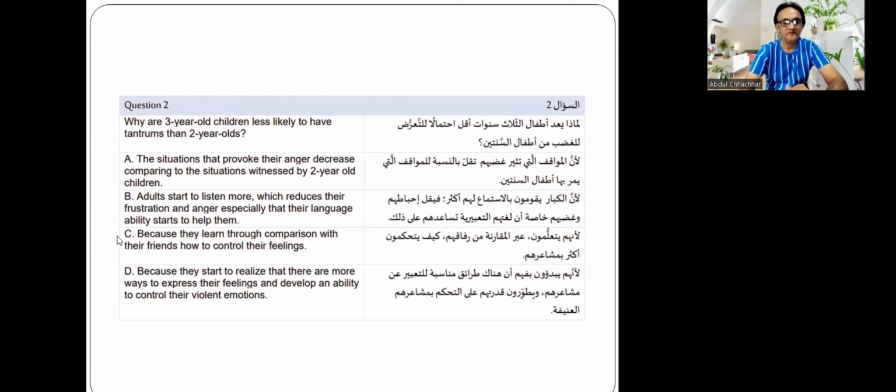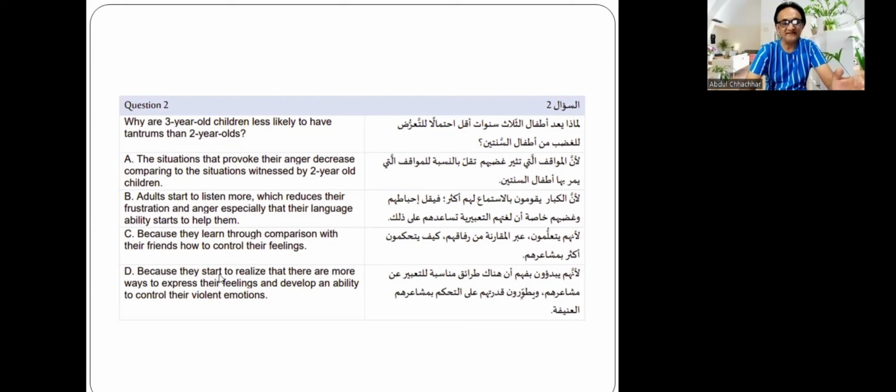Okay, because they learn. So we have removed A and B. Because they learn through comparison with their friends how to control their feelings. So this makes a little bit of sense, because they learn from their friends. There's communication. That's why they imitate. They copy the things. Why is my friend not doing it? So this makes a little bit of sense.